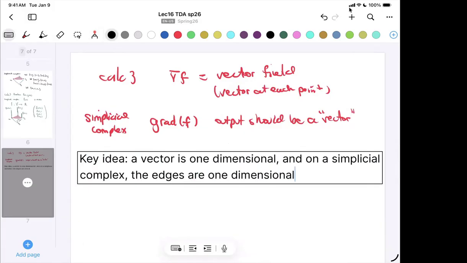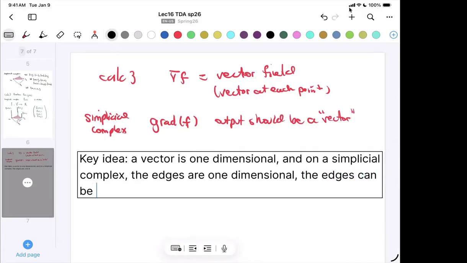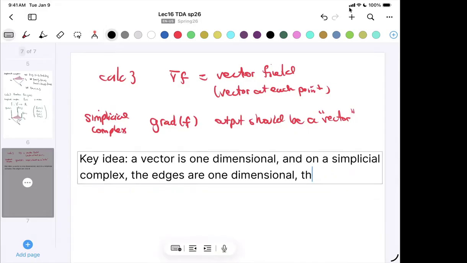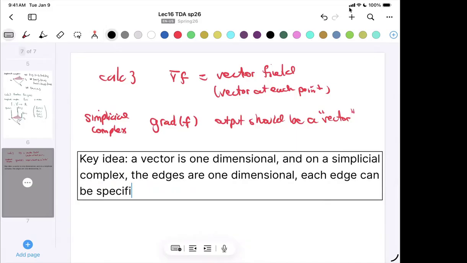And each edge can be specified in terms of two vertices.